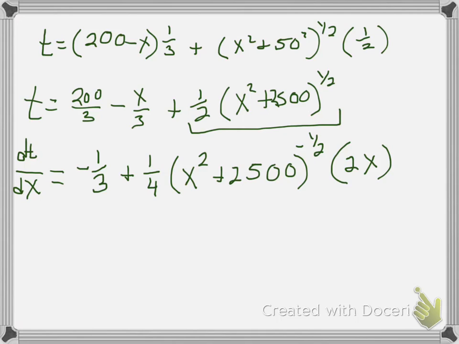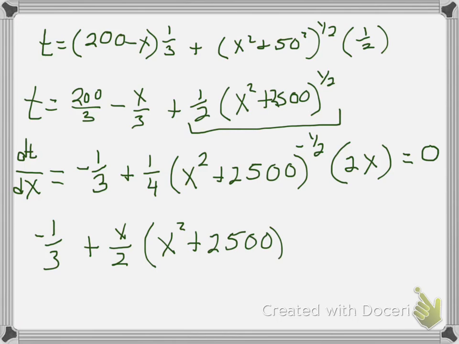Okay. And we want to set that equal to 0. I'm going to combine some terms here. I'm going to have negative 1/3 plus x over 2 times x squared plus 2500 to the negative 1/2 power, and that's going to equal 0.